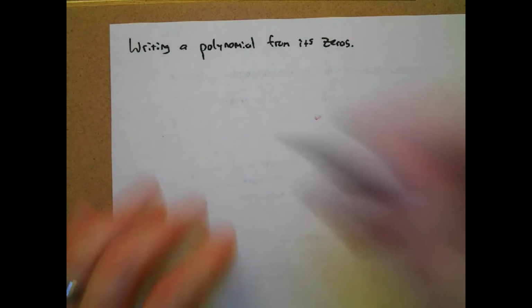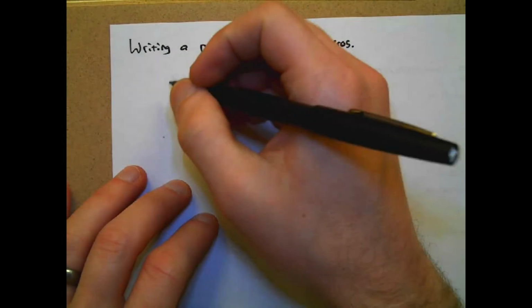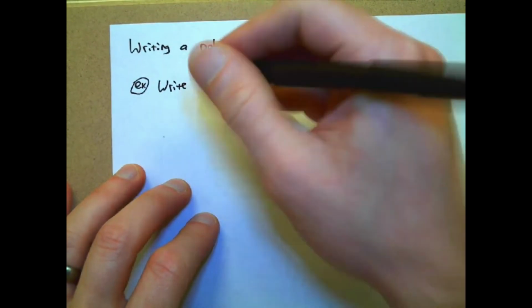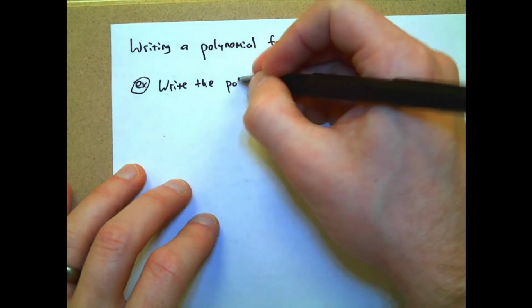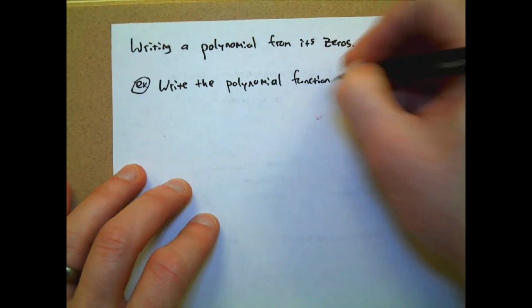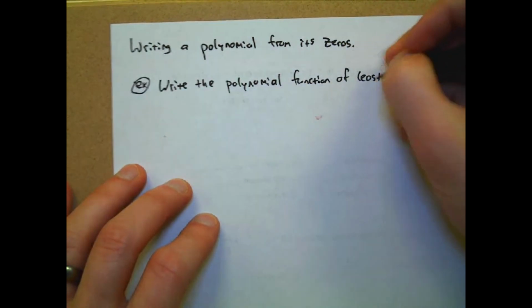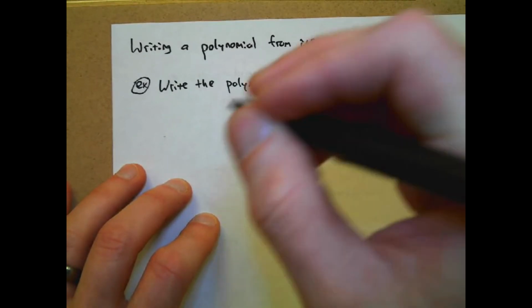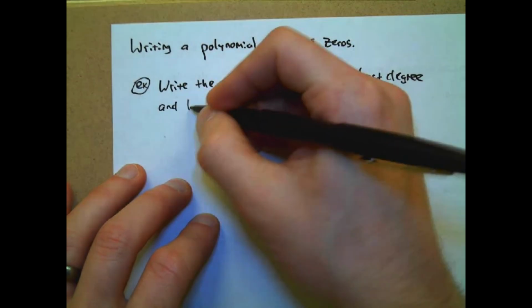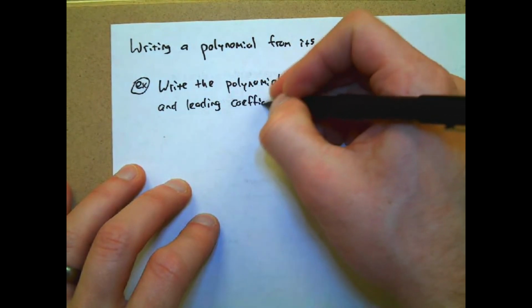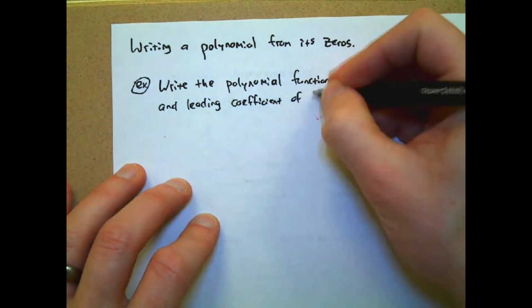So I'll just do an example here. Write the polynomial function of least degree, and I'll talk about why we're doing least degree, why we have to say that, and leading coefficient of 1 that has the given zeros.